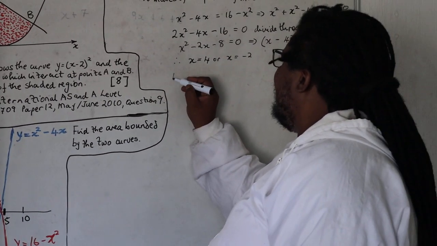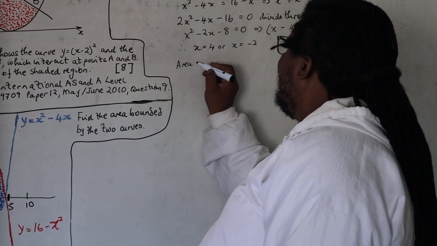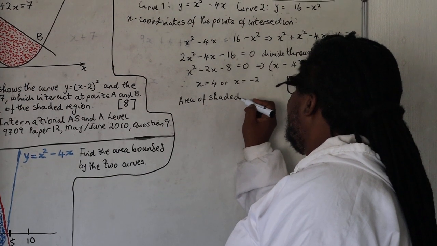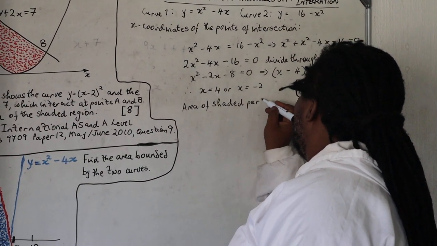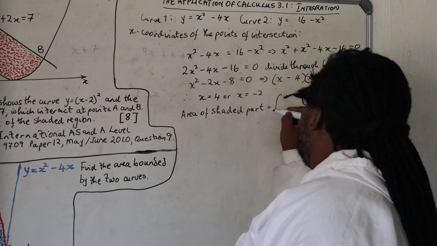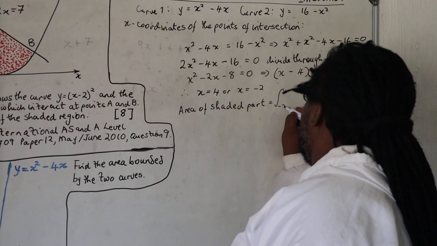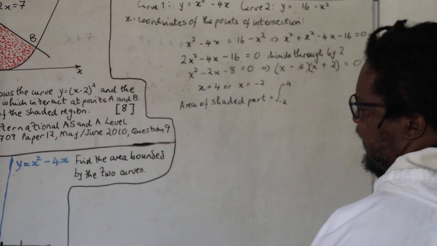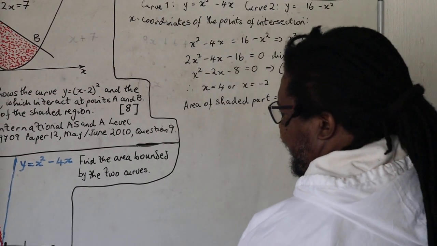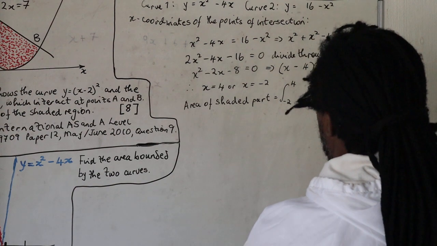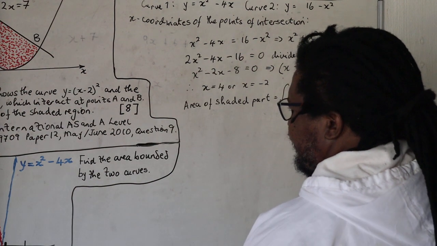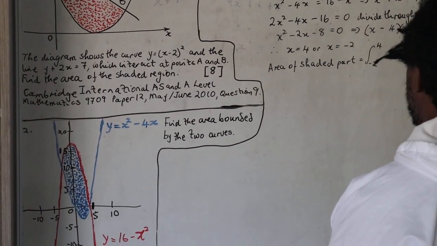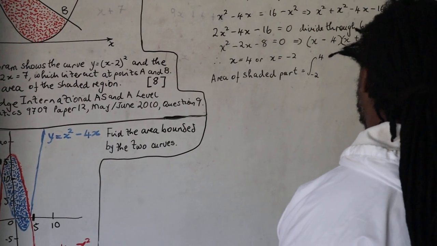Therefore, area of shaded part equals integral from minus 2 to 4. From the diagram or the graph you can see which one is minus 2, it's the left hand point of intersection, and which one is 4 is the right hand point of intersection.